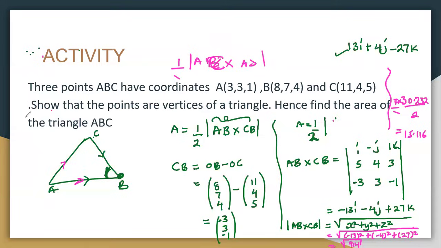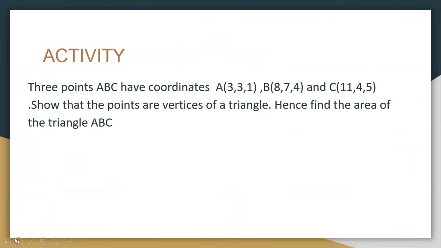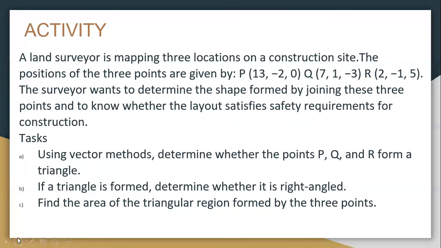I think our time is up, but I just give you this as your activity to try out. Take a screenshot. Here you have to determine whether they are vertices, then determine whether it is a right angle.